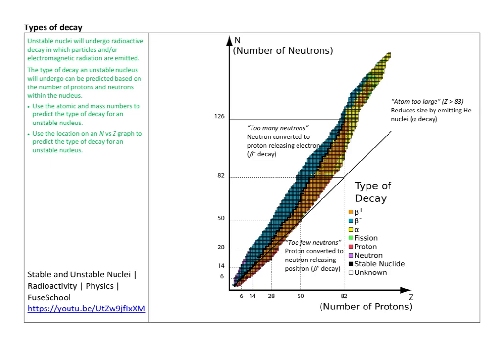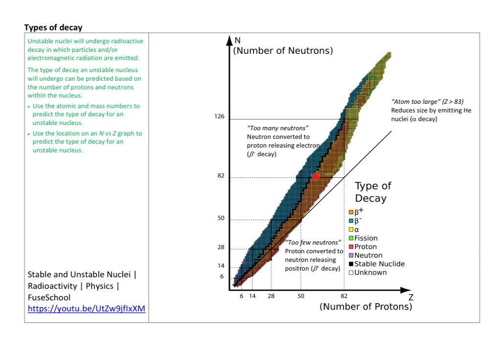The strong nuclear force can't hold the two edges of the nucleus and the positively charged protons on those two edges together. So what happens there, and we're going to go into this in more detail soon, is it reduces its size by emitting a helium nucleus, which contains 2 protons and 2 neutrons. This is called alpha decay.